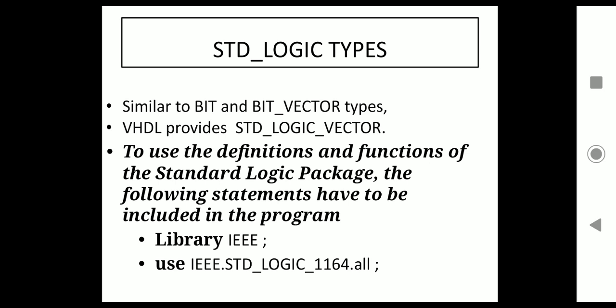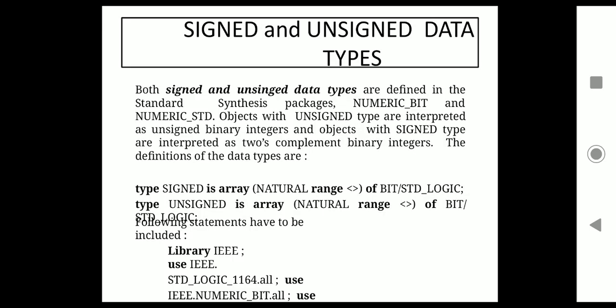Once you define this standard library package, you can use any of the 9 values and any of the predefined data types included in that standard package in your program. So first we have to define this package. So this is about the standard logic type.